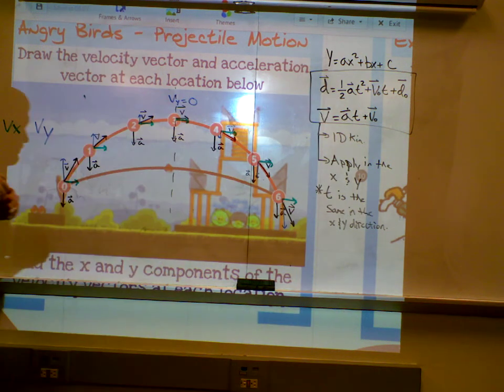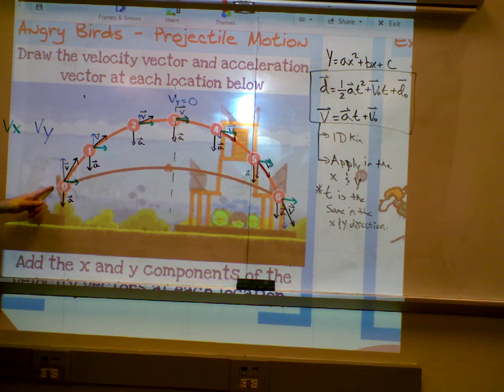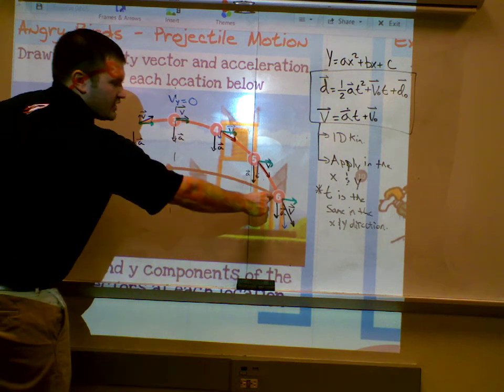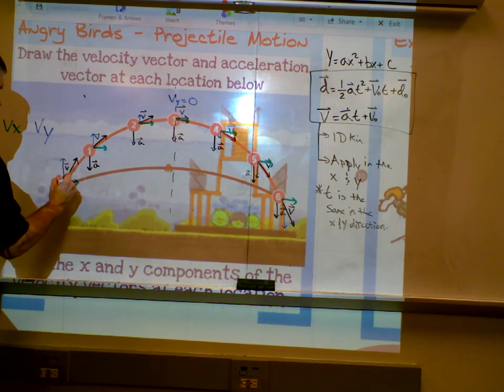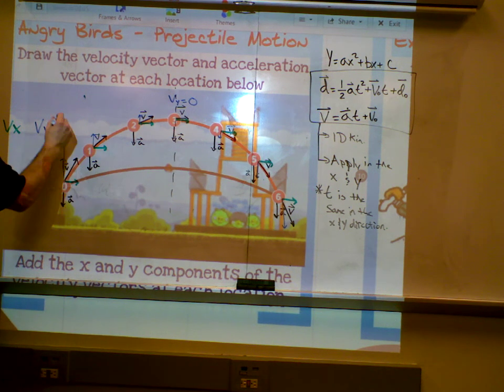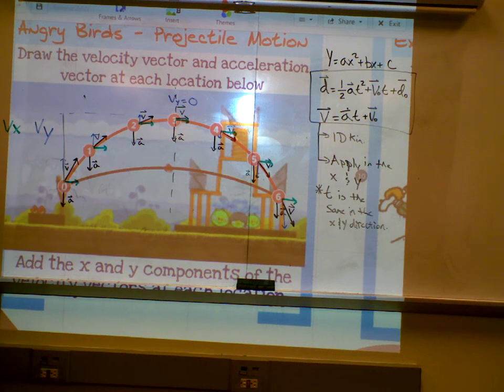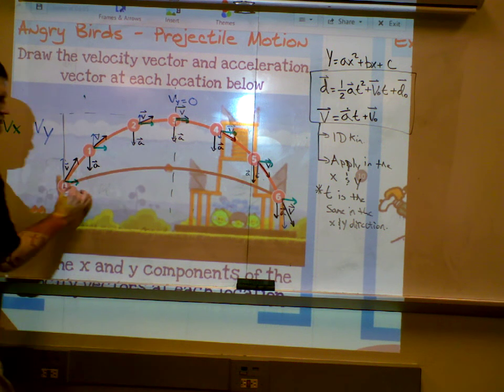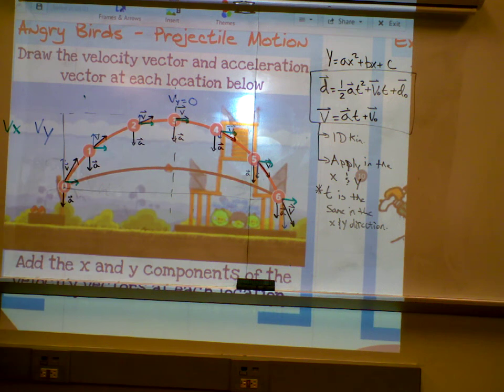So what that means is, if it takes us 5 seconds to go from 0 and back down to here in the y direction, that's the same amount it takes us to go from 0 to 6 in the x direction. So the time it takes to do this and come back, see I went up to 3 and back, is equal to the time it takes to do this in this picture.